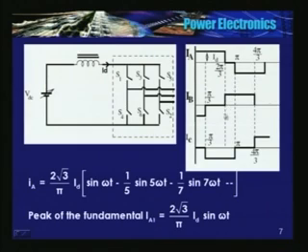If there is an inductor in the load, can you have this sort of a waveform? For 2 pi by 3 to pi, there is no current flowing in that phase. Suppose an inductive load is connected here, and a constant current was flowing. At this point, S1 is opened, and S4 is open and will be closed after 60 degrees.